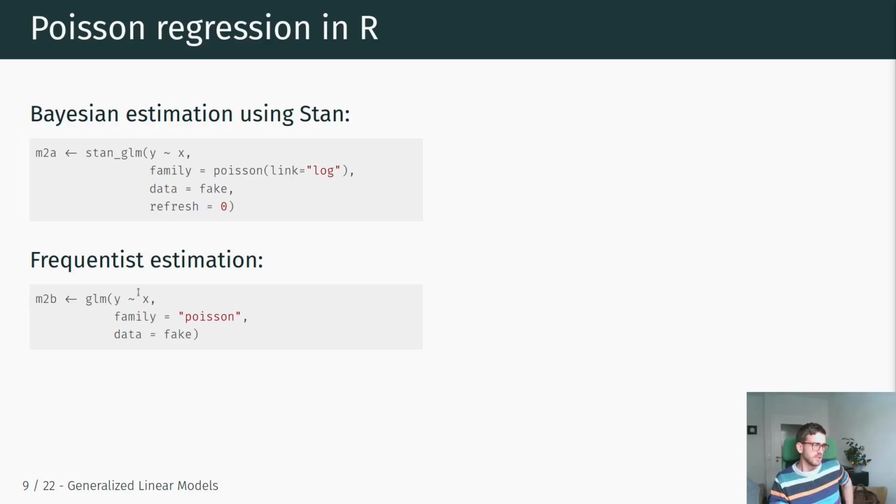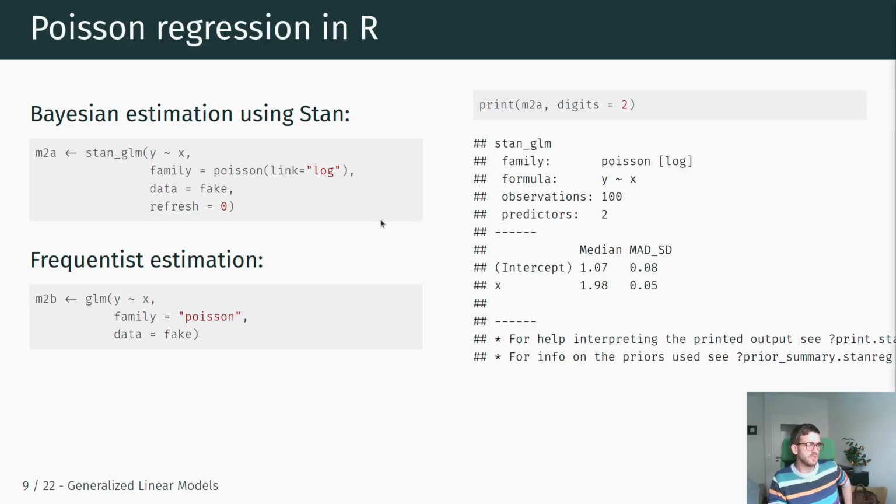Okay. The output for the Bayesian estimation is here. If you run the code on RStudio Cloud, you can also compare this to the basic frequentist estimation. You'll see that with the default priors, the results are basically the same. We get our intercept, which is equal to 1, and our x coefficient, which is equal to 1.98, or just about 2.